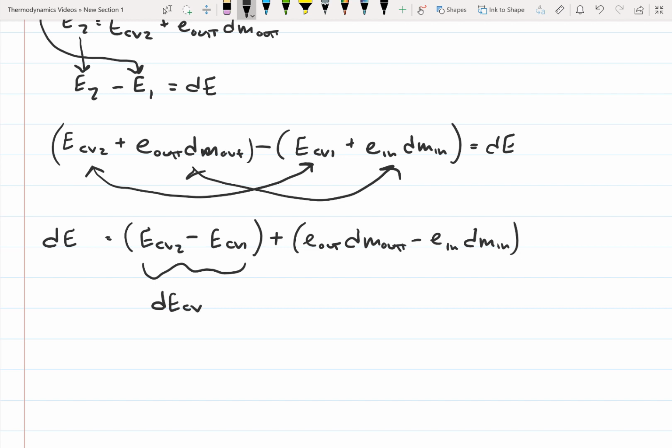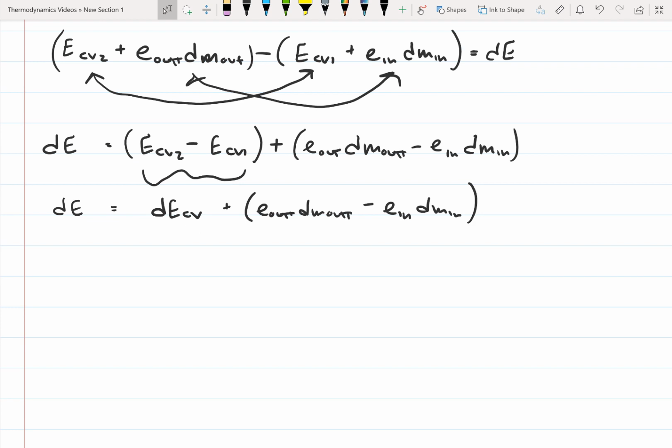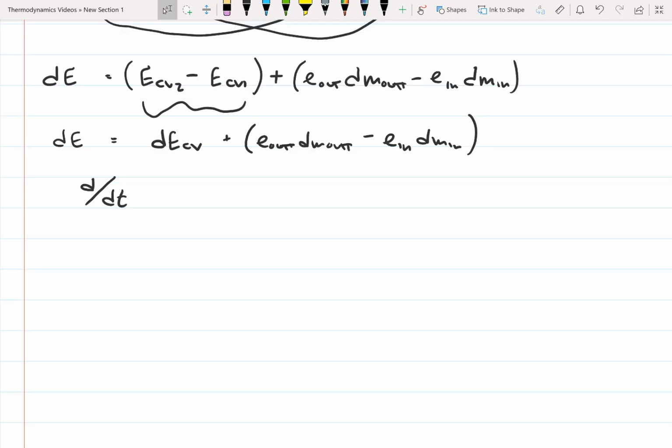And so we have dE is equal to dE_CV plus the energy associated with the mass that's flowing out of the control volume minus the energy associated with the mass that's flowing into the control volume. Now we want to calculate this per time, so we're going to take the derivative with respect to time.